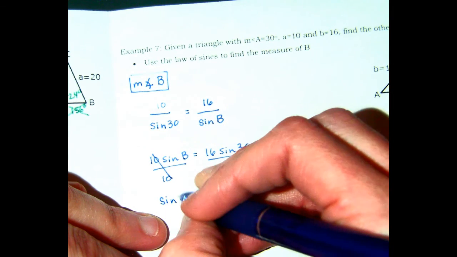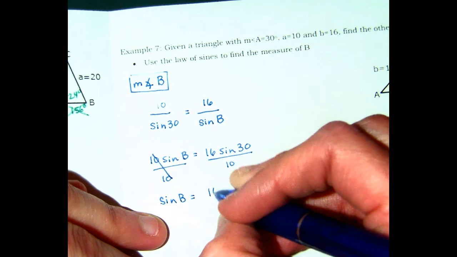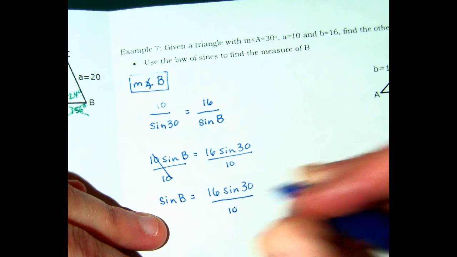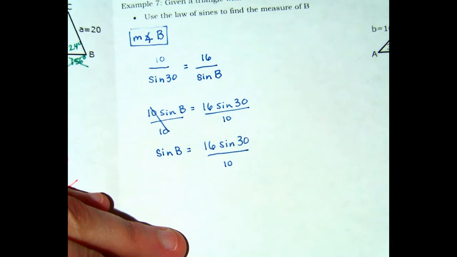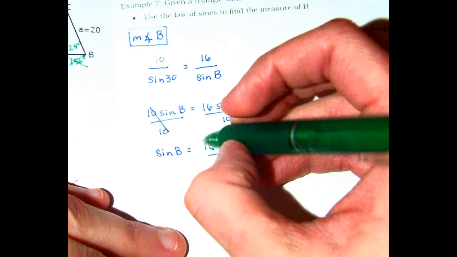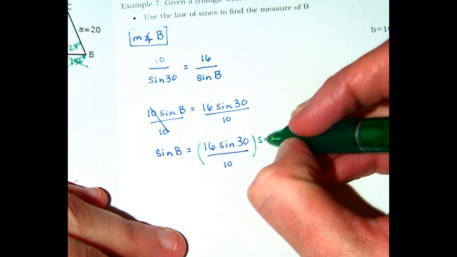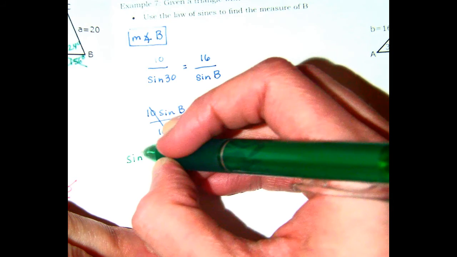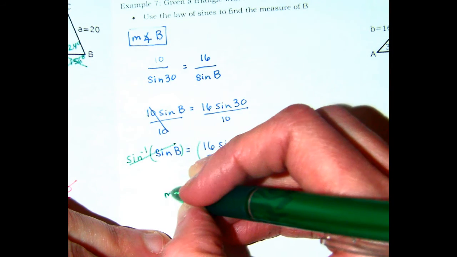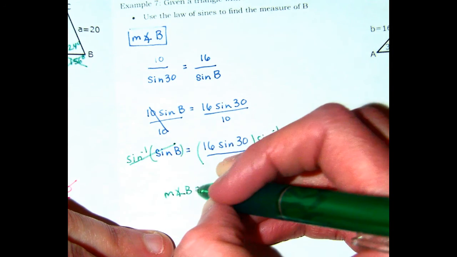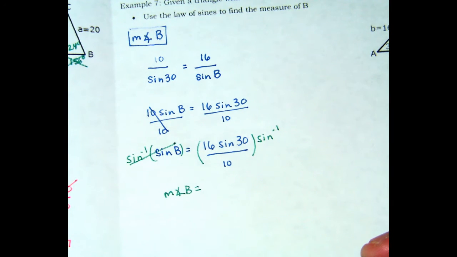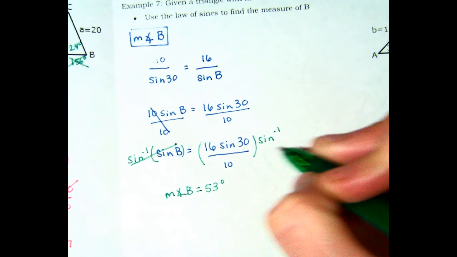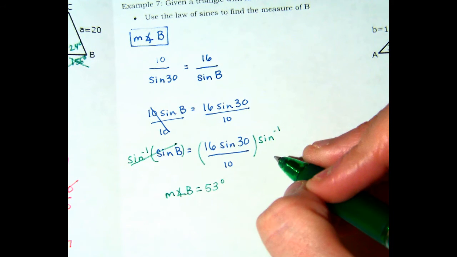Sine of B is equal to 16 sine of 30 over 10. What do we do to find B? The inverse sine. Alright, somebody tell me what that is. 53 degrees. Since we have an answer, we need to see what the second one would be.